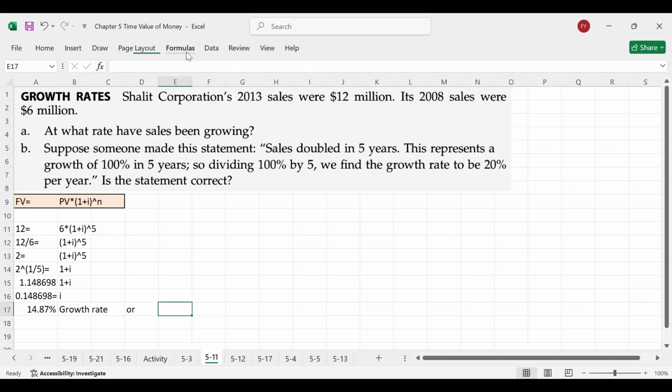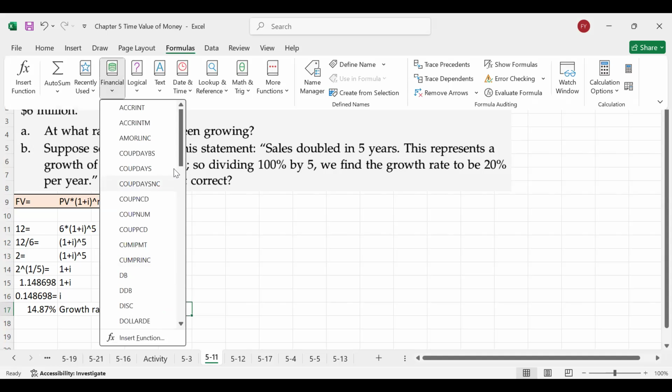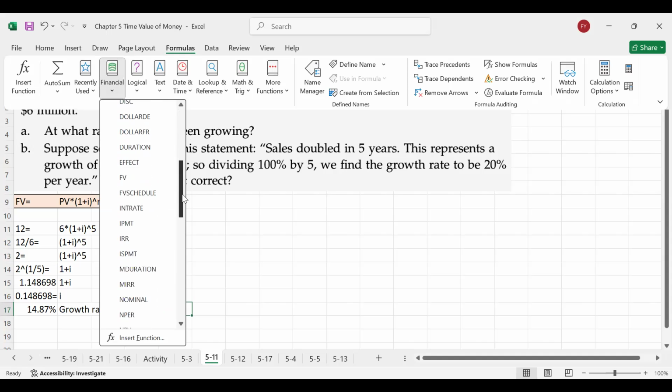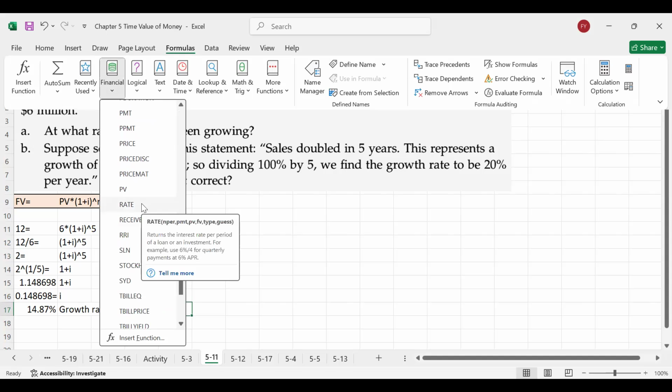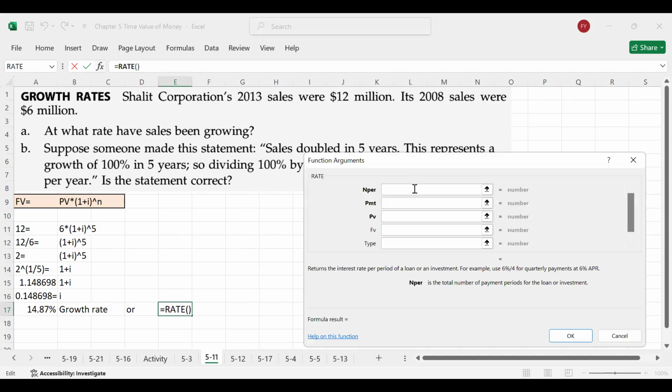So here is the Excel sheet. We have to find the rate of interest, so this is the growth rate or rate of interest. The time period involved is 5. We have present value, which is right now 6 million, whereas future value is 12 million. We don't have any regular monthly or periodical payment.